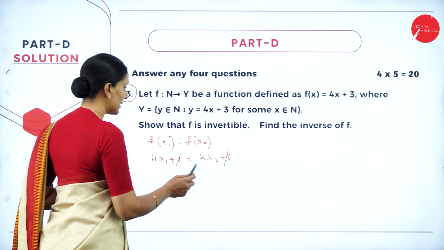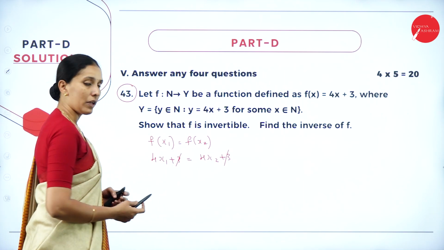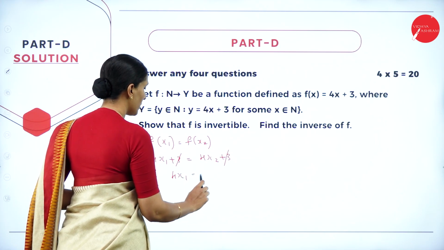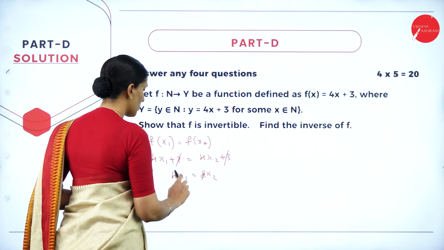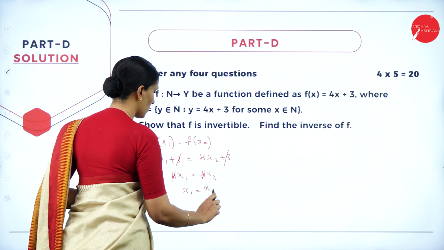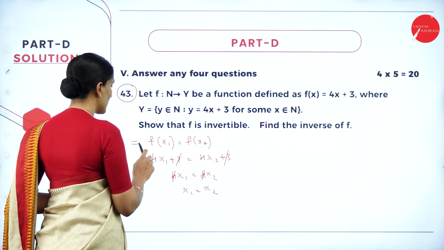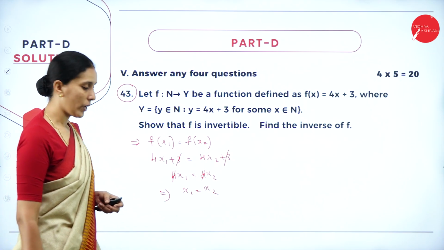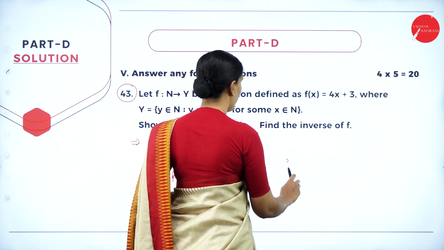So we can cancel 3 on both sides. Similarly, we can cancel 4 on both sides later. So we will get 4x1 is equal to 4x2, and here also we'll get x1 is equal to x2. So for f of x1 is equal to f of x2, we are getting x1 is equal to x2, which means f is one-one.